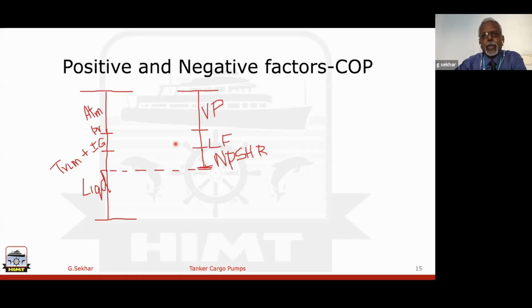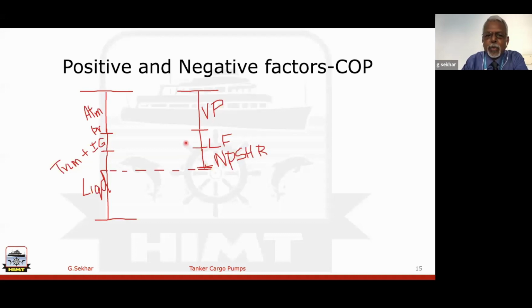So how will you reduce the flow velocity? For example, you are running your COP at, let's say, 1200 RPM. People from tankers, you all know, when you are discharging cargo and you come right down to the stripping level, what do we do with the RPM?